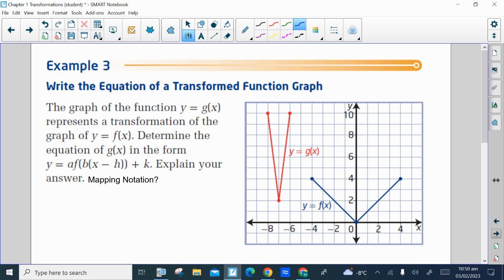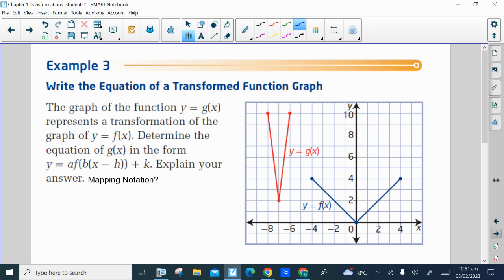They both have the cusp below the maximum points. If you want to say they're both opening upwards, that's true. So that means the graph has not been reflected over the x-axis. You could say that the original graph was reflected over the y-axis because the y-axis runs right through the center of it. It's symmetrical about the y-axis, so you could if you wanted to, but it's not necessary.